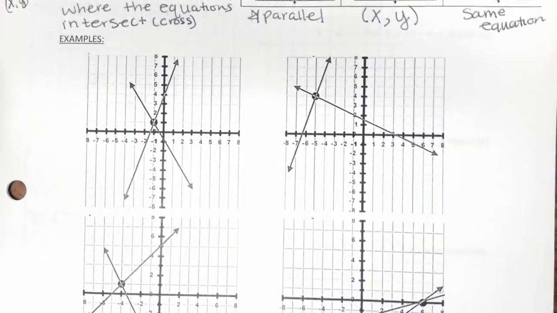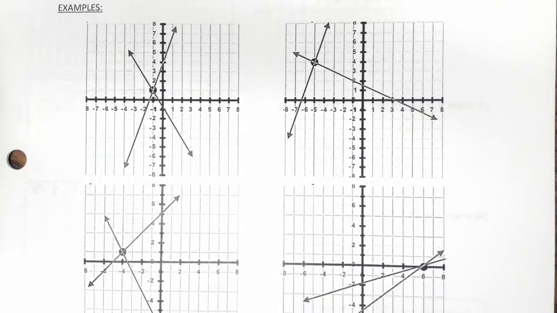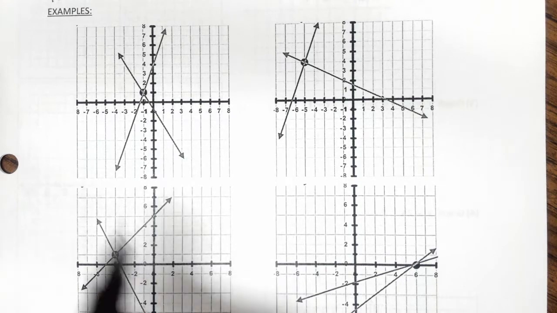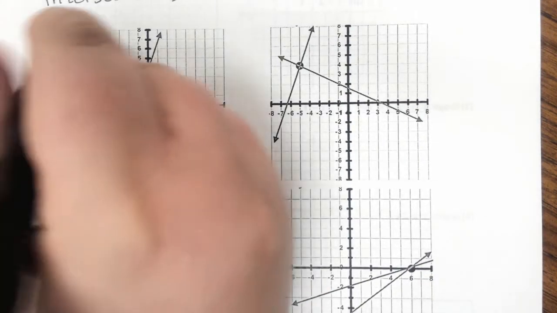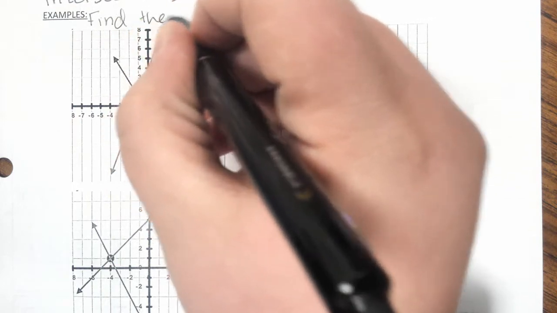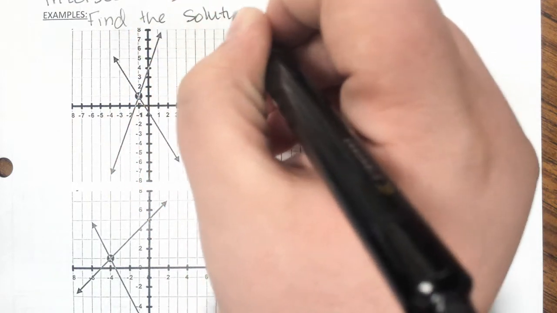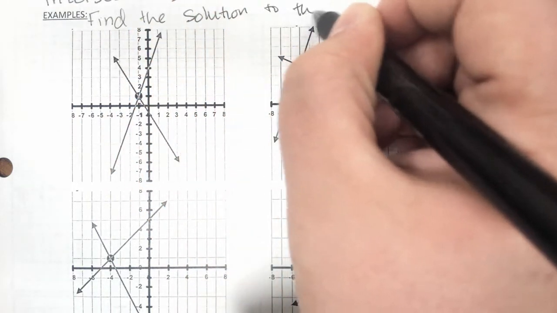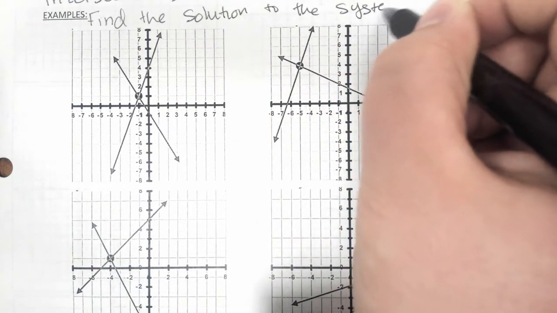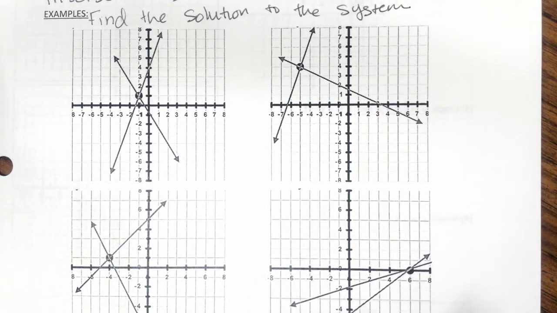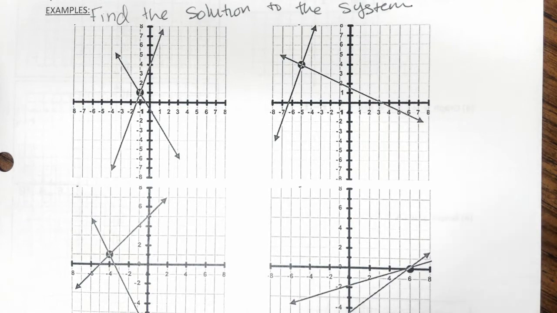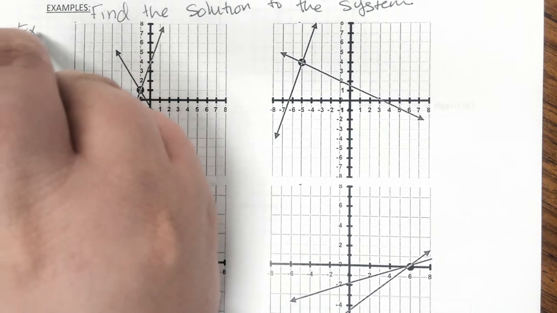Looking at some examples then, we're just going to find the solutions to each of these systems of equations. So we're going to find the solution to the system. I'll call this example 1.